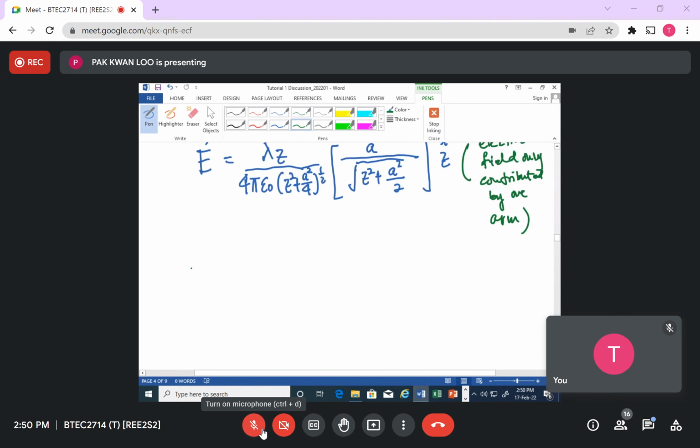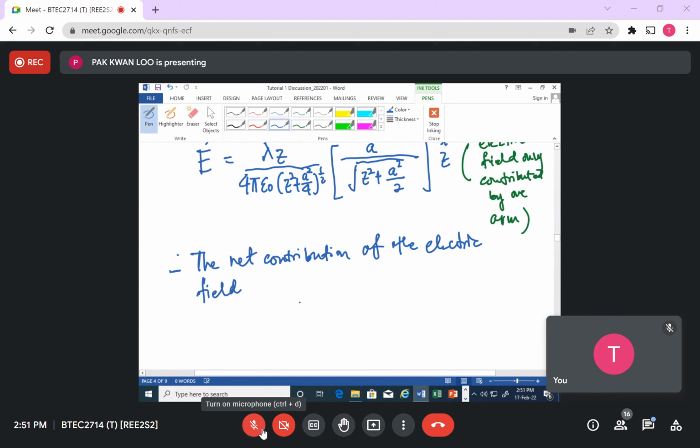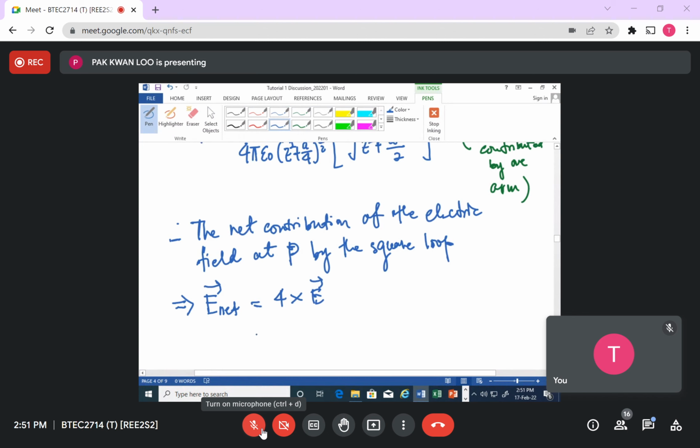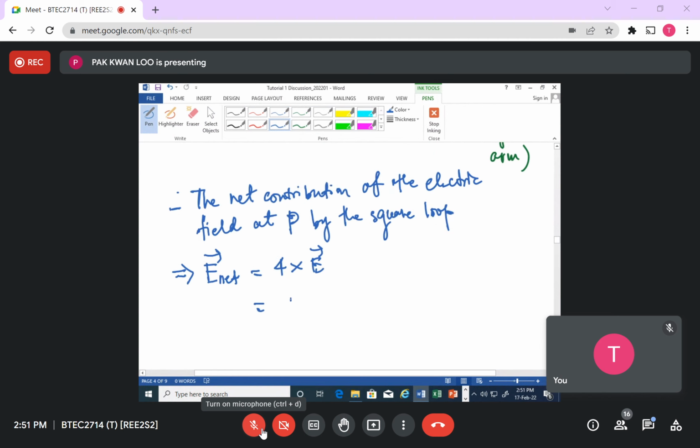So now, therefore, the net contribution of the electric field at P by the square loop is lambda z over pi epsilon naught.